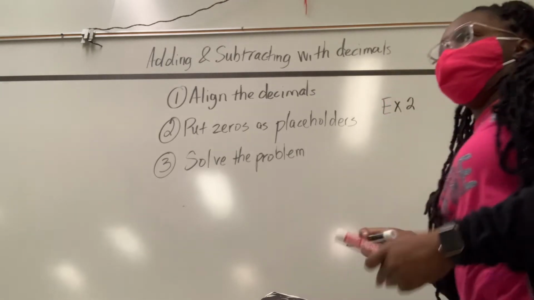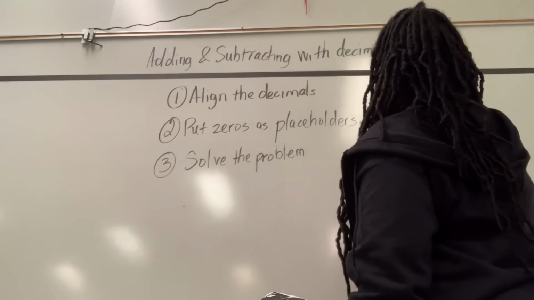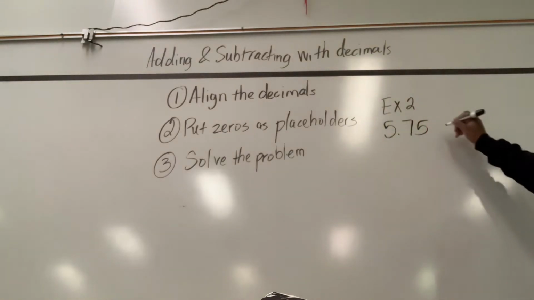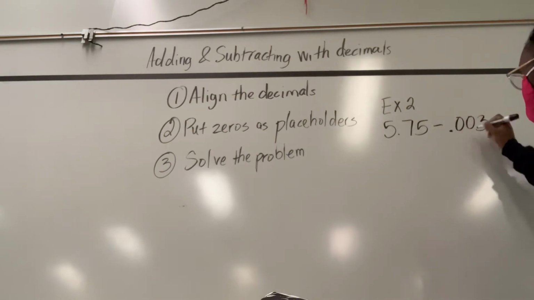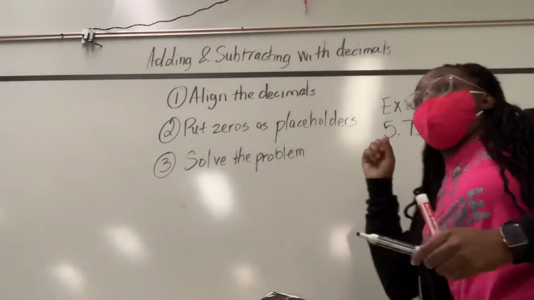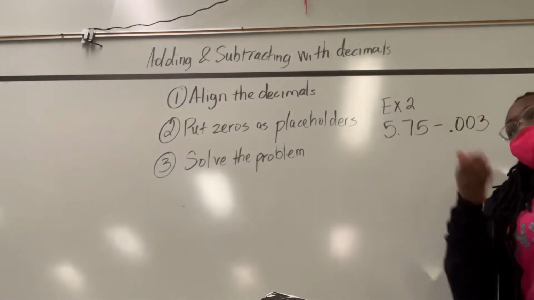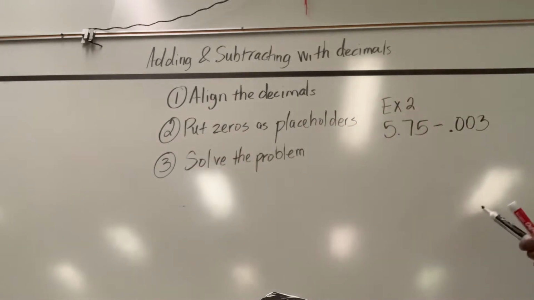All right. Let's look at subtraction. Example 2: 5.75 minus 0.003, or 3 thousandths. And I know I'm talking with a mask on, but y'all know when we're behind the decimal, we're talking the THS at the end, right? Yes. Cool. So first thing, what's step 1?